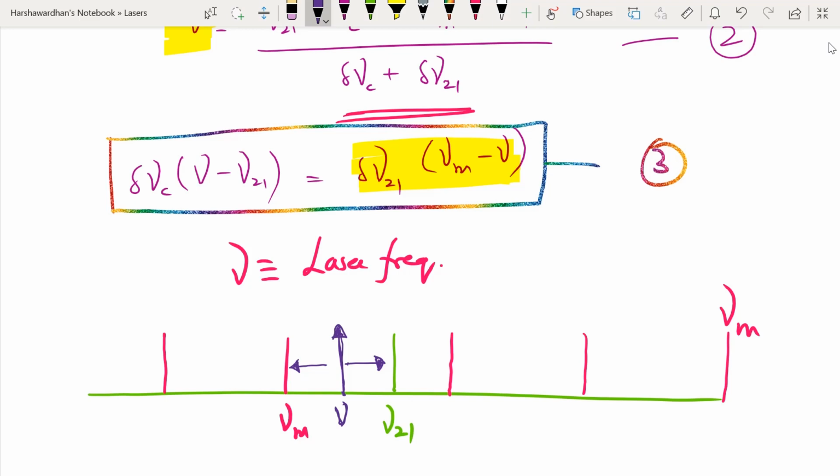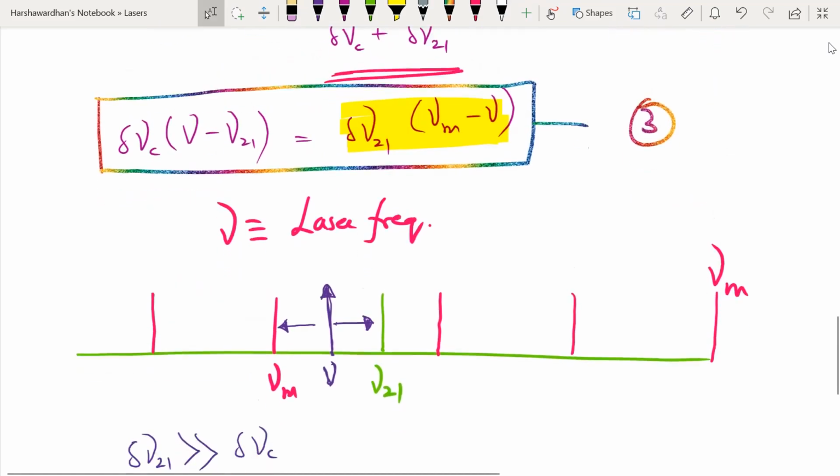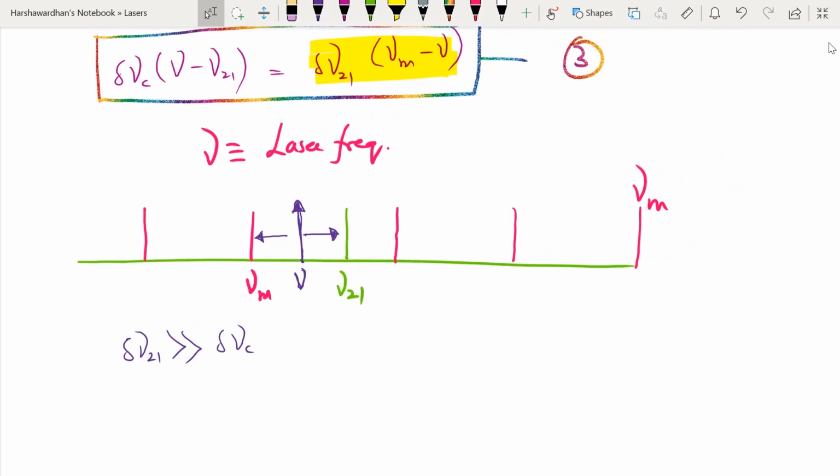Typically, you would see that our delta nu_21, which is the homogeneous line width associated with the atomic system, is much larger than the delta nu_C, which is associated with the cavity bandwidth. You typically have a very large lifetime of the cavity, hence a very narrow bandwidth for the cavity. So in this situation, I can put this quantity into 3 and look at a Taylor series expansion of nu.